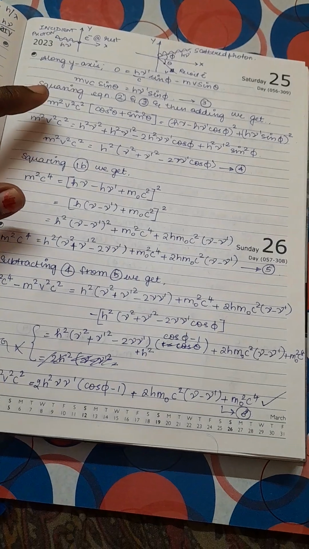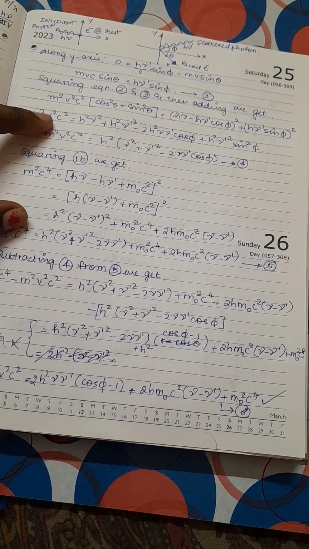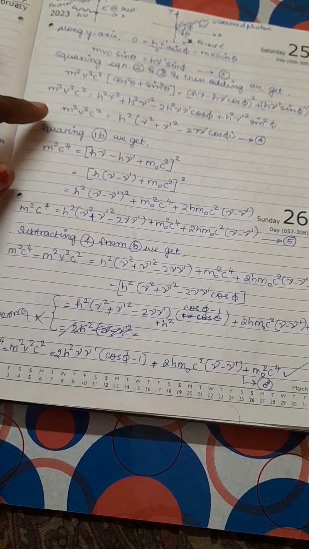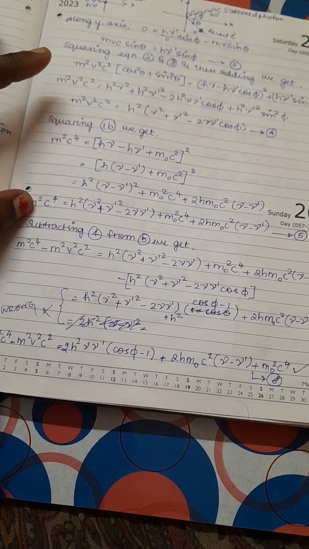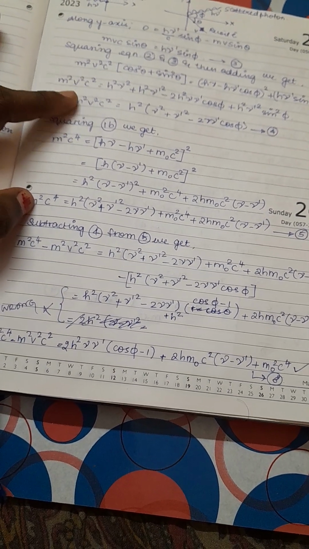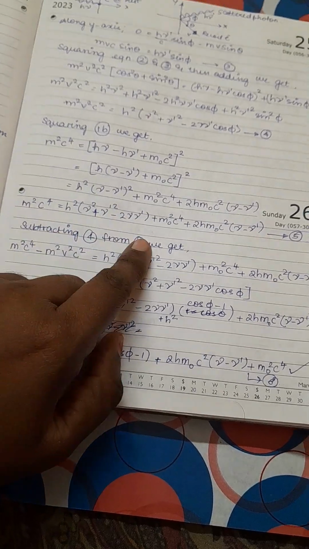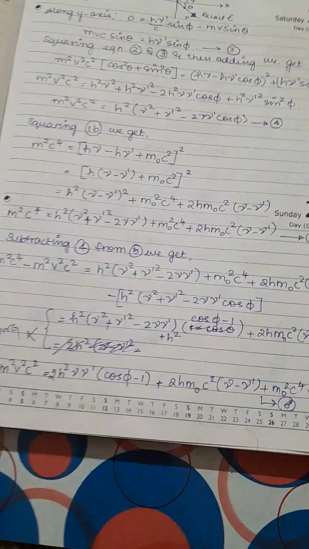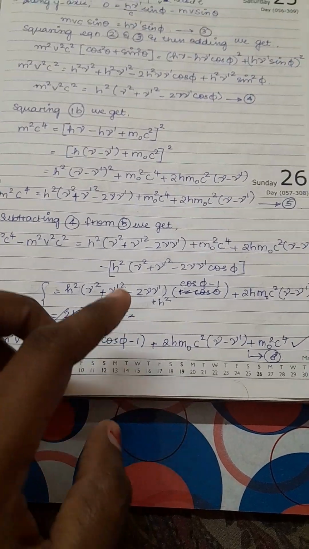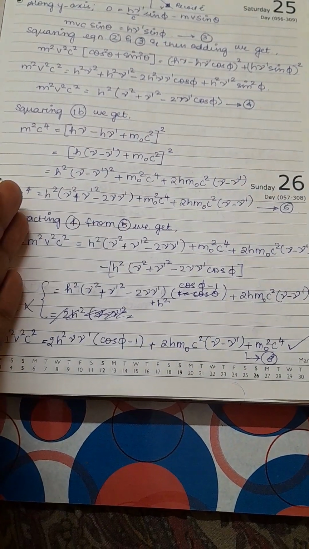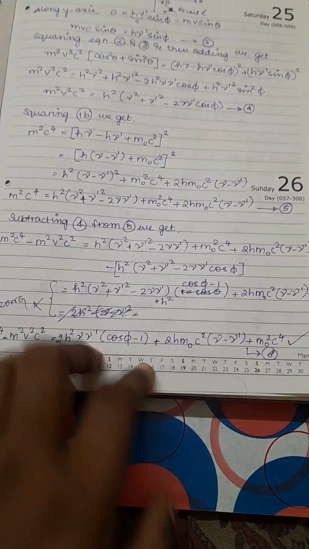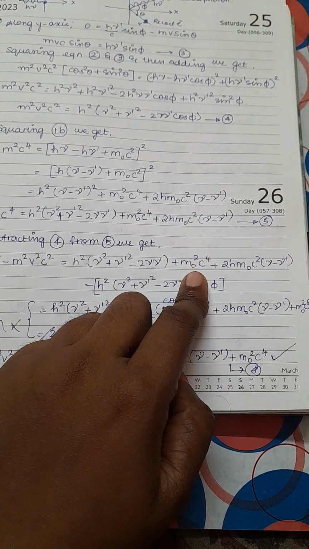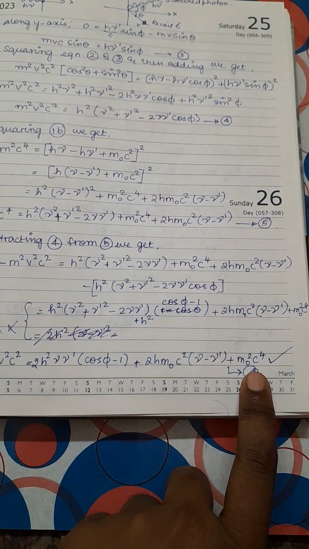Now we are going to subtract equation 4 from equation 5. So on subtracting, what will come on the LHS? m square c power 4 minus m square v square c square, which is equal to this whole term minus this term. Okay, so by taking all the common parts outside, you will get this m naught square c power 4 will be the same as such.